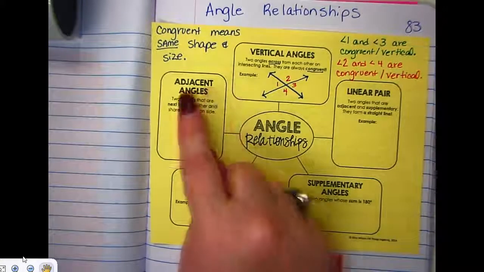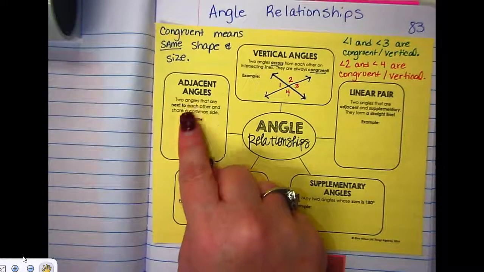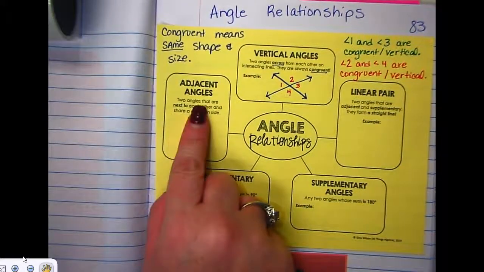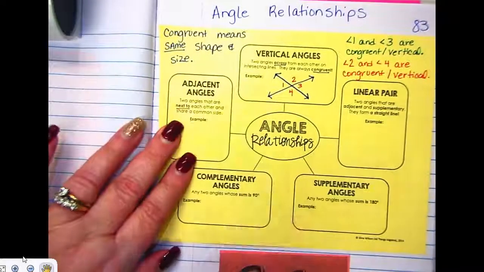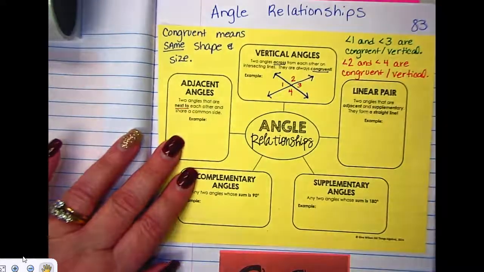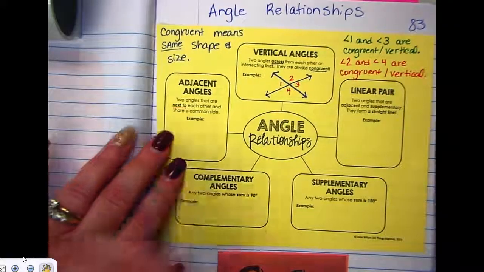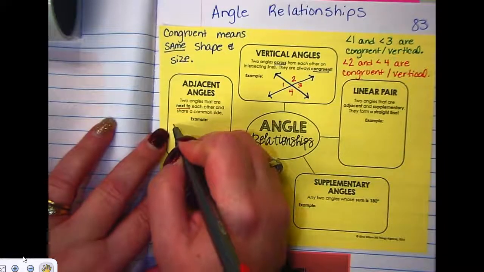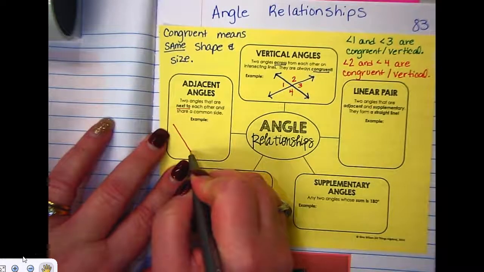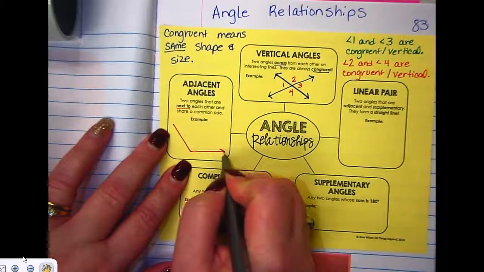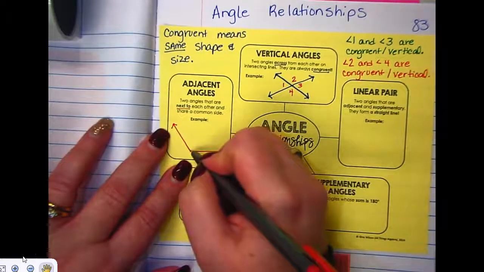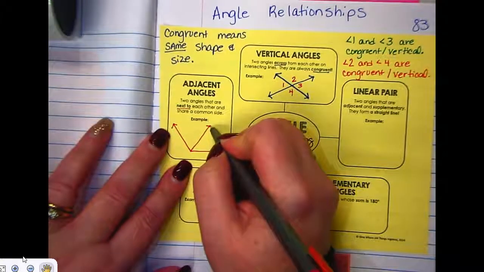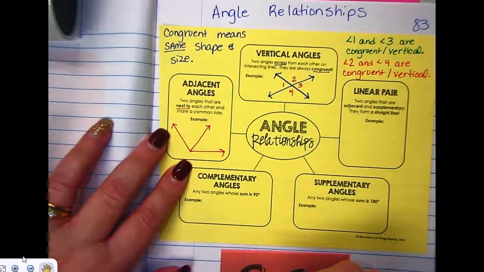All right, let's go over here to adjacent angles. Two angles that are next to each other and share a common side. So, draw a big old obtuse angle. And draw a ray in here to make two angles. Doesn't matter.